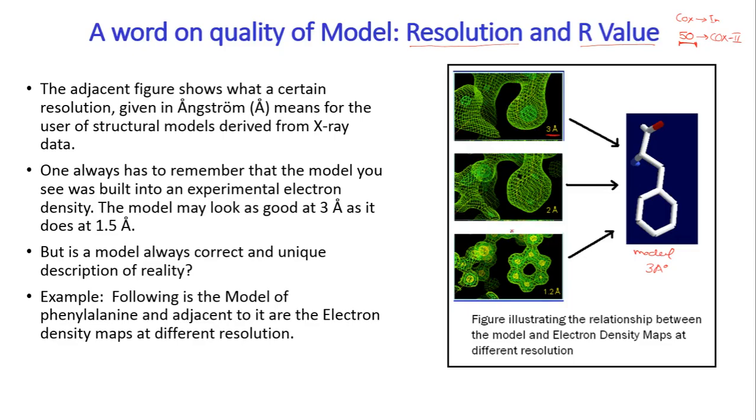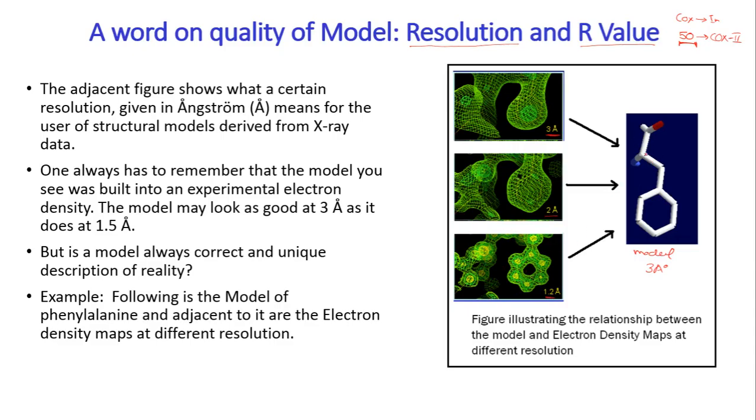When the author claims they have a model of a protein molecule at, say, 2 Angstrom resolution, that would mean they have obtained electron densities that might look something like this. And at a higher resolution of 1.2 Angstrom, the electron density might look like this.